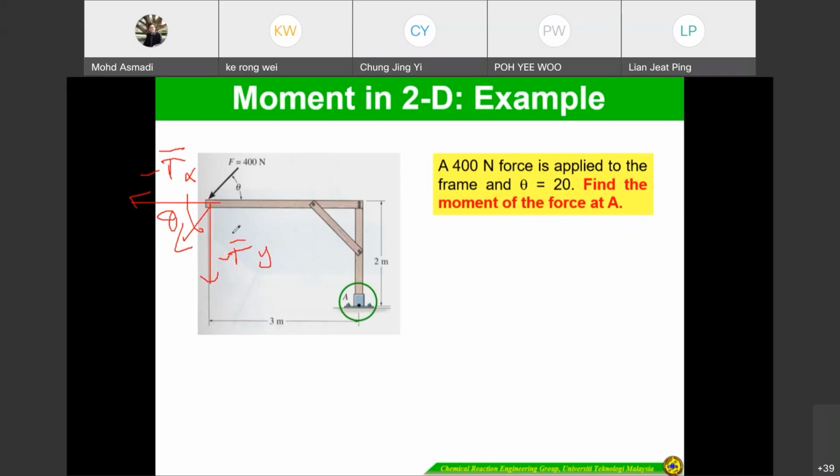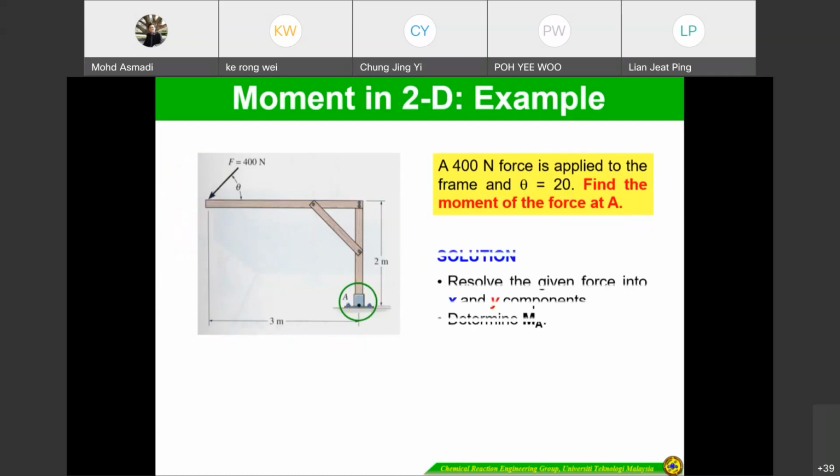If you want to calculate the moment, for the Fx and also for the Fy, this is the distance, perpendicular, 90 degrees. This one is also a distance, 90 degrees. So this is point A. We can call it Fx and also Fy.